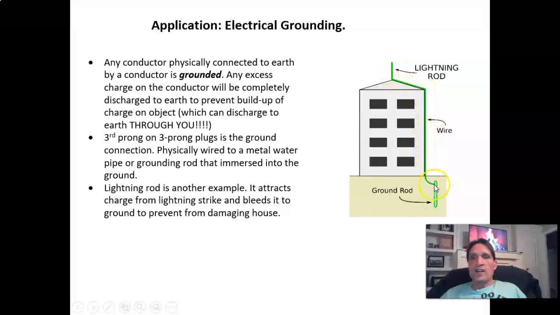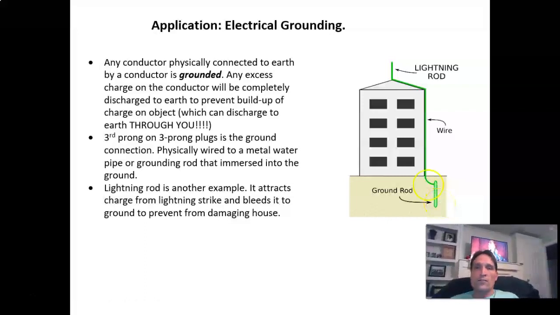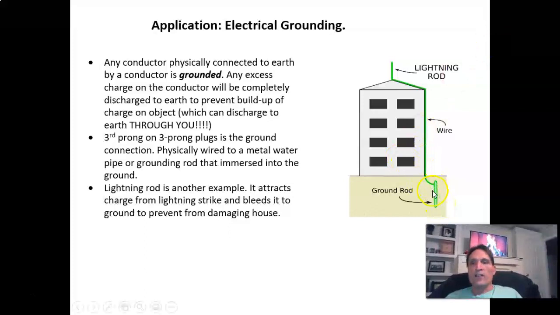The wire is connected to the metal grounding rod, and so the charge will be dissipated from the rod through the metal wire to the rod, and the rod is buried into the earth. And remember, the earth is a big reservoir of charge, and so we can easily bleed this charge off into the earth without it having any real effect.